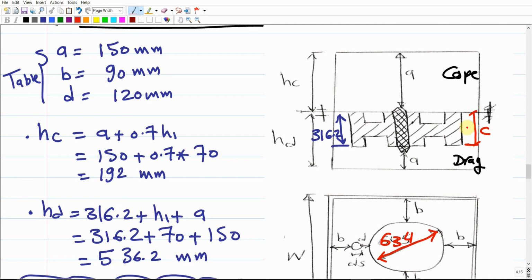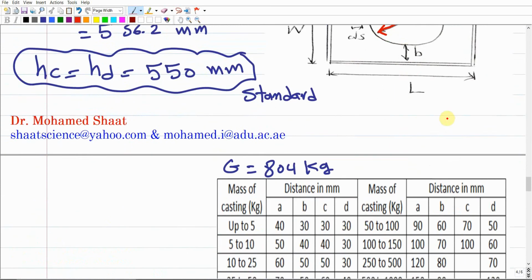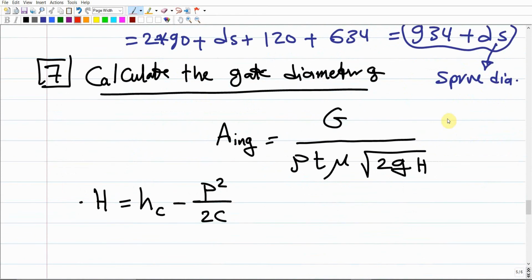But how about P? The P should be the height of the molten metal above the parting surface. Do we have any molten metal above the parting surface here in this case? No, we don't have anything. It means that P should be 0 in this case. So P equals 0 because there is no height. If you refer to the previous videos, you're gonna understand these points very clearly.